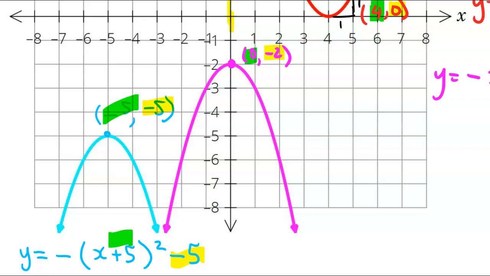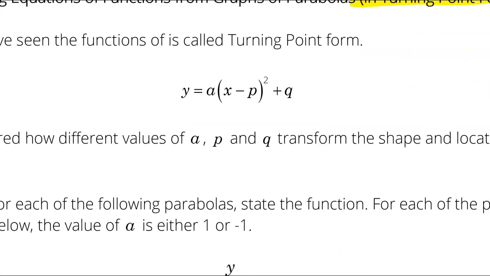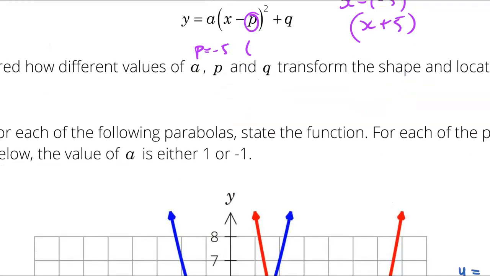That's important. It's x take P squared, so it's x take P. That's the turning point form. So if P is -5, x take -5 is x plus 5. So that's how algebraically that connects.